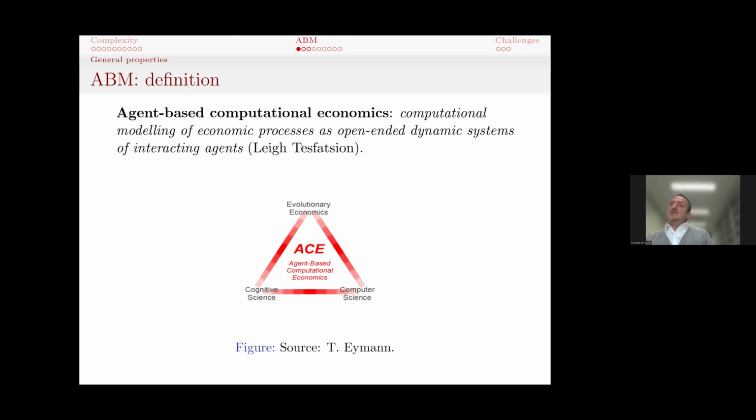And also cognitive science, because we model our system from the bottom up. As we will see, when we build an agent-based model, we first identify what are the rules of behavior of agents, what are the rules of interaction of agents, and in order to do that, we need to make assumptions of how agents process information.